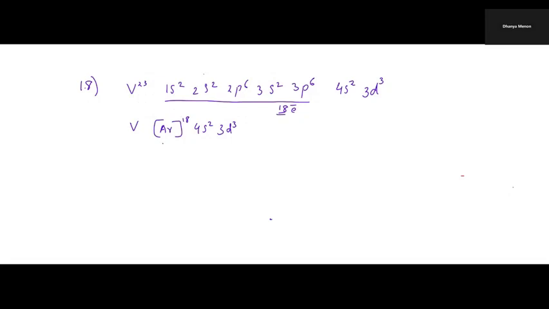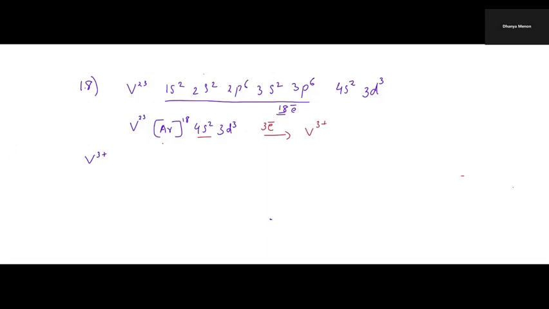Okay, now this is for vanadium. What they have asked is not vanadium. They have asked for vanadium 3 plus ion. For vanadium 3 plus ion, usually the electron is lost first from the s orbital and then from the d orbital. It has to lose 3 electrons, because then only vanadium will become a 3 plus positive ion.